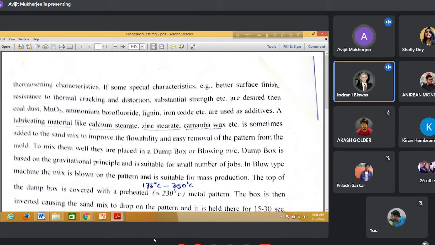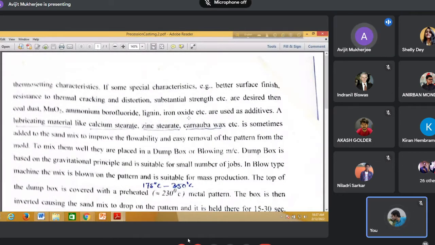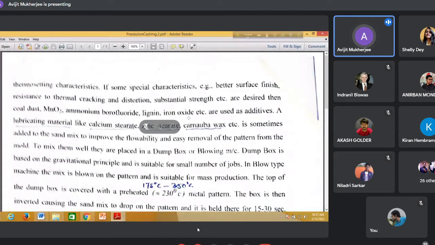Sometimes in ordinary molding, in green sand molding, we don't use lubricating material. But in this special casting or in this precision or investment casting, we use lubricating material. Why? Because this is a machine molding basically, right?